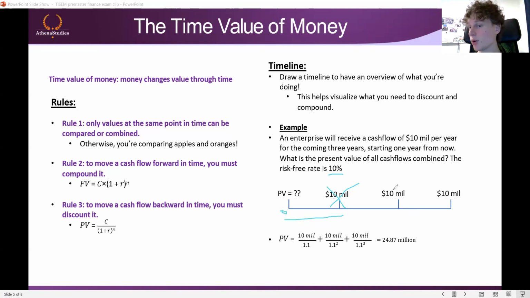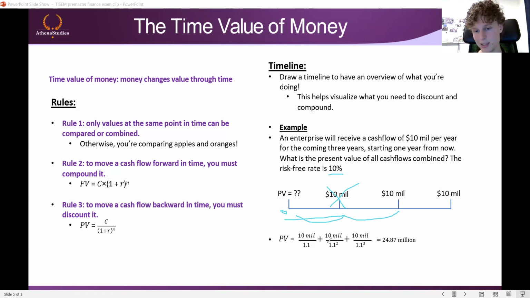So once again, $10 million is the future value divided by 1.1 because the risk-free interest rate is still 10%. But now we square it by 2 because now 2 years have passed. It's now 1, 2. So we need to discount it by 2 years to show that 2 years of interest has passed.